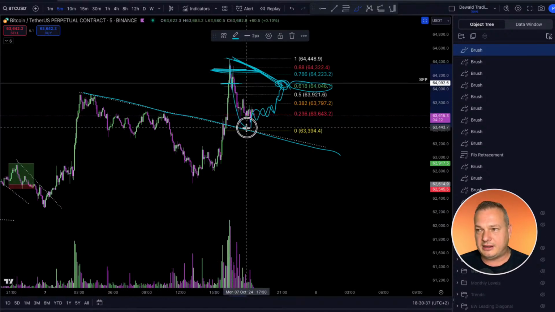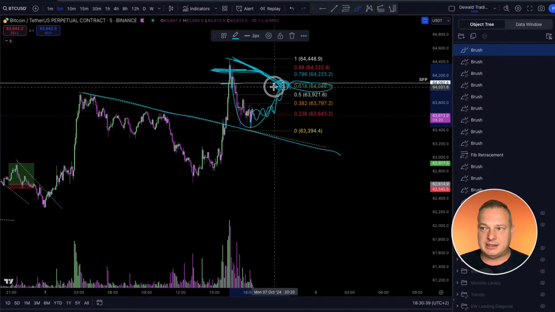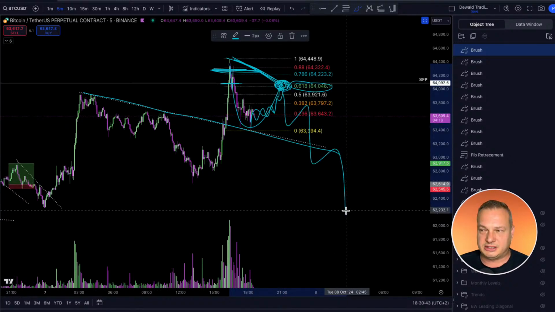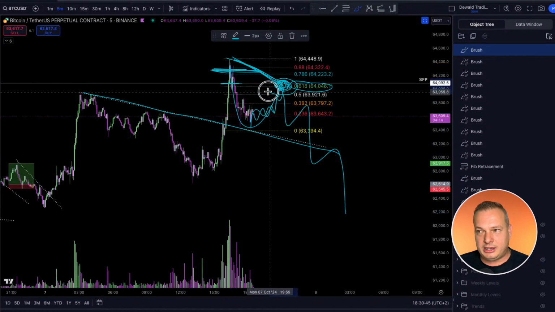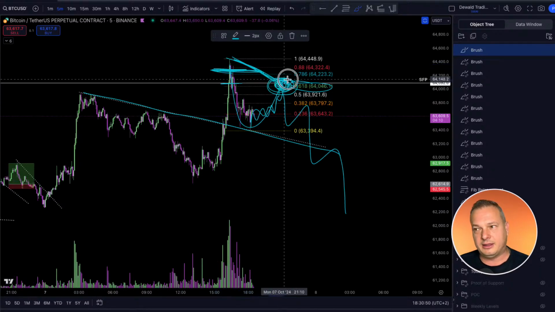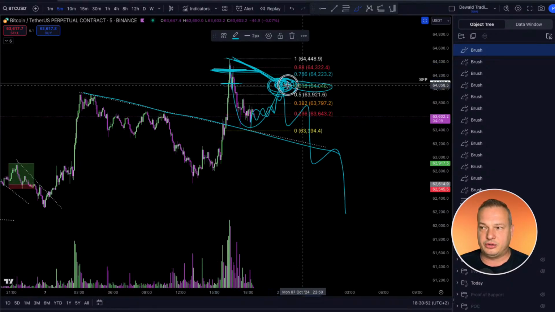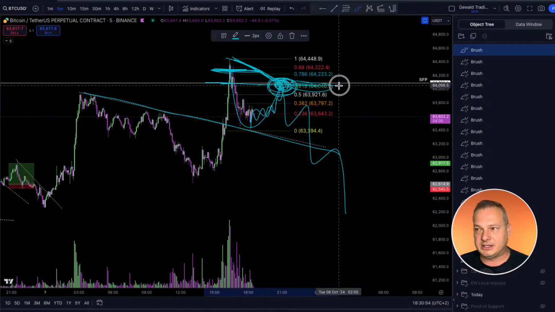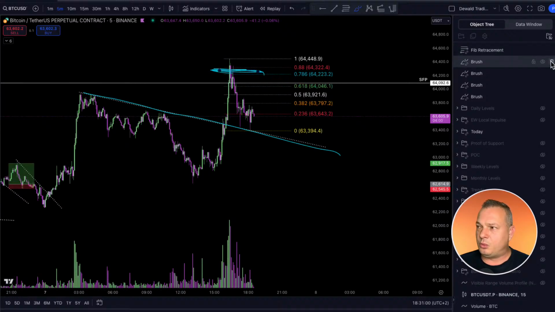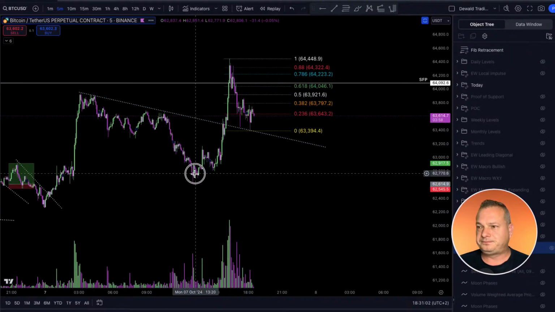Often you get a backtest of the scene of the crime, and then the continuation follows to the downside. So if you have not caught the short over here, this is where I will consider the short: at the 0.618, a backtest of this level that's been lost, with some bearish CVD supporting weakness in price action.